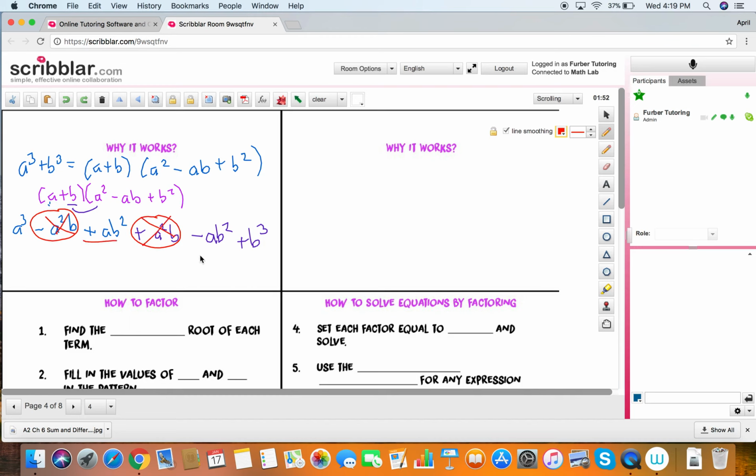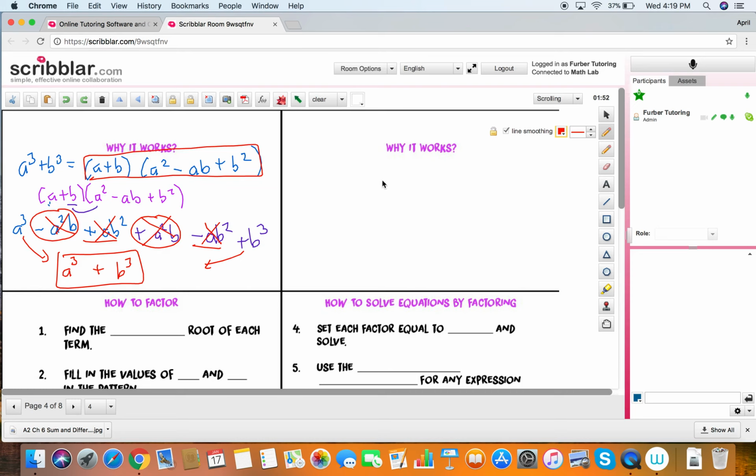Here's an ab squared, and here's a negative ab squared. Those cancel. All that I'm left with is a cubed plus b cubed. So that's the pattern for sum of cubes. So if you memorize this, it's going to make things a lot easier, okay? And we're going to do that in just a minute.